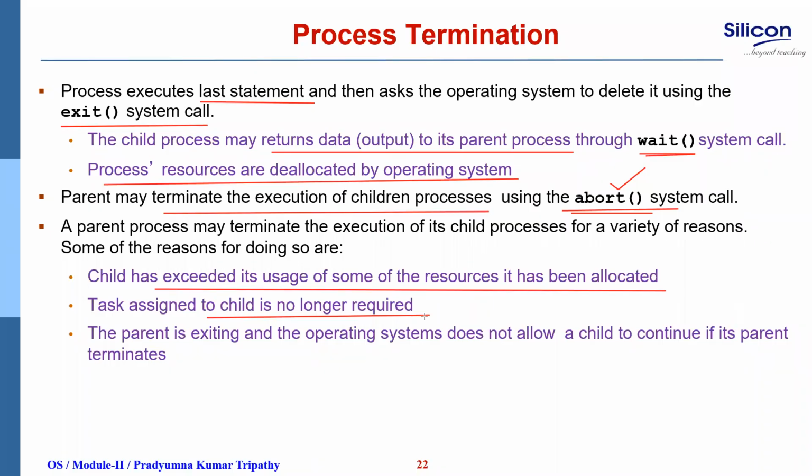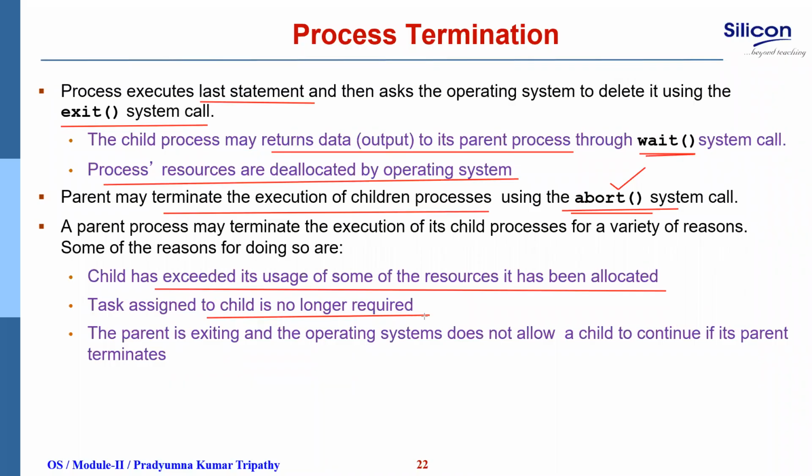Third, the parent is exiting and the operating system doesn't allow a child to continue if its parent terminates. Now the parent process needs to be terminated, but the child must terminate before the parent. So what the parent will do, it will kill its child. Is it understood what I am saying? Sometimes parents want to terminate anyway.